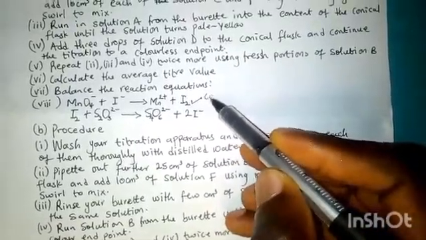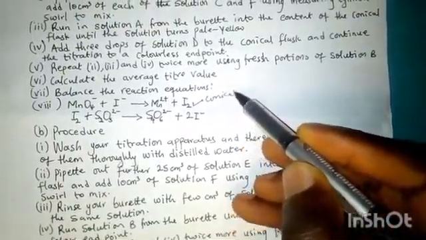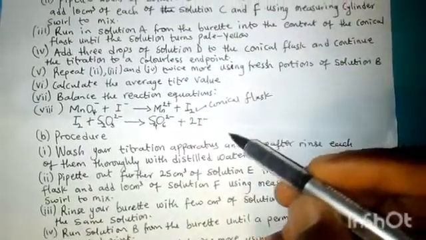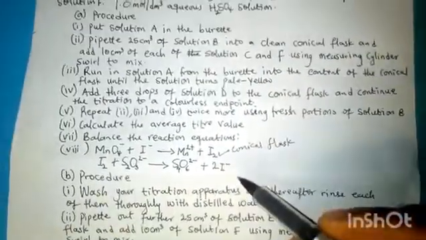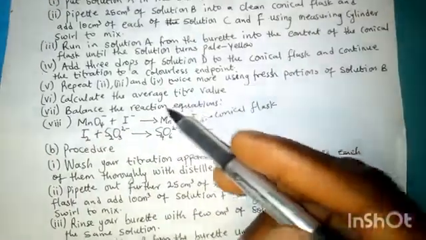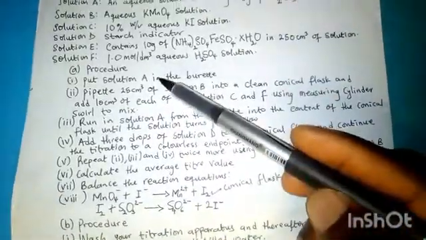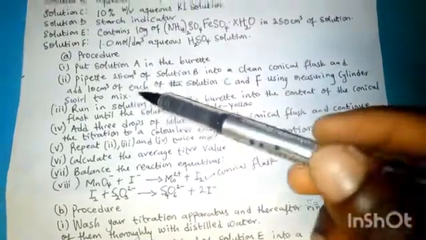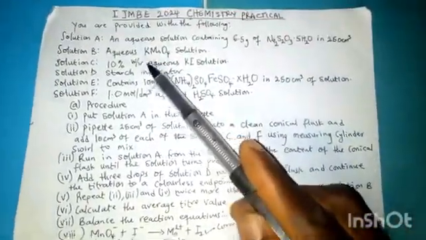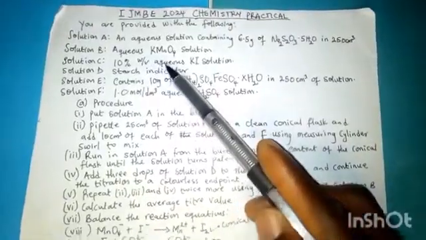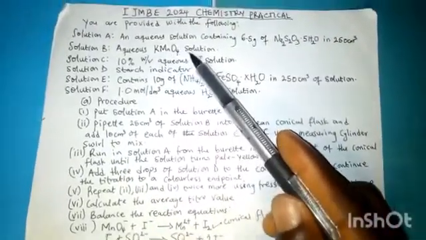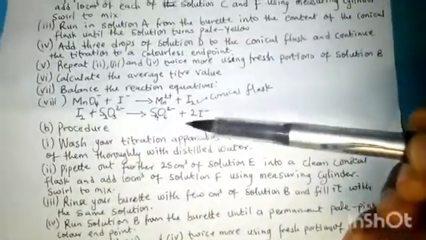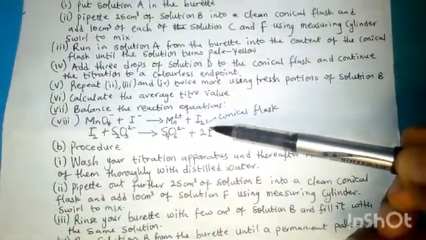Now the actual reaction: we're expecting the KI from solution C to react with KMnO4 in solution B, and in that way we produce iodine.